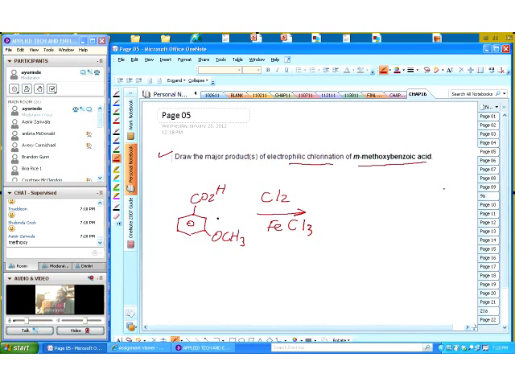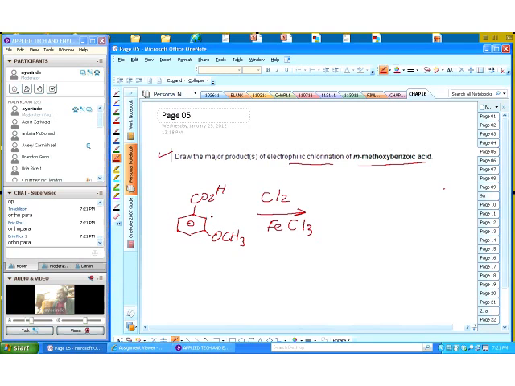The methoxy group or the carboxy group? The methoxy, exactly. And therefore, the methoxy is what kind of director? Ortho-para director.